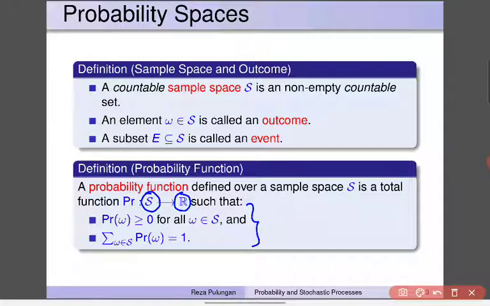The first is for each outcome omega, the probability of this omega must be greater than or equal to 0, and the sum of all these probabilities of omega must be equal to 1. Now, any function that satisfies these two conditions is basically a probability function.